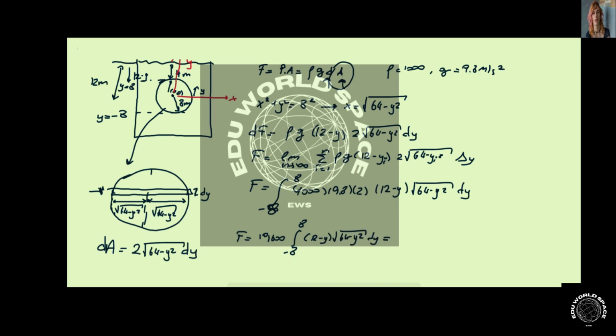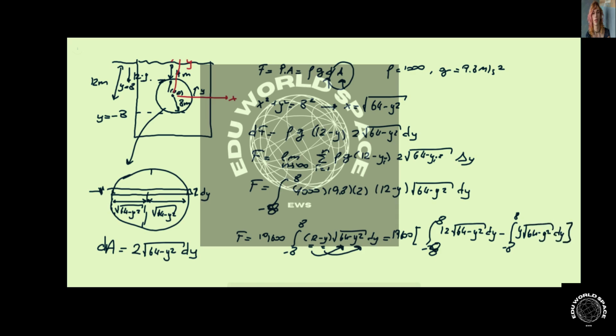Now we can separate this integral, since we have 12 minus y: we multiply 12 with this and negative y with that. 19,600 is just a constant, so we have the integral from negative 8 to 8 of 12 times the square root of 64 minus y squared dy, minus the integral from negative 8 to 8 of y times the square root of 64 minus y squared dy.